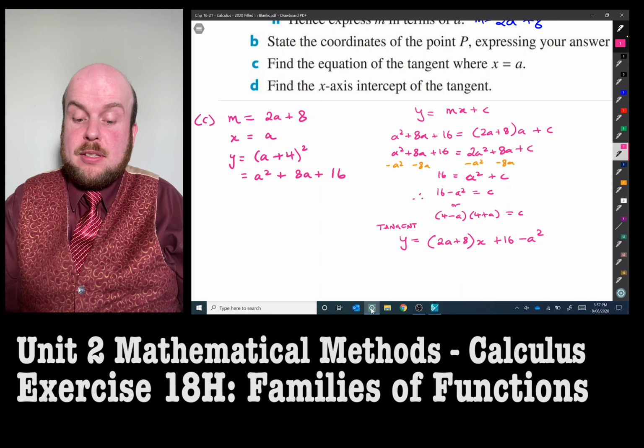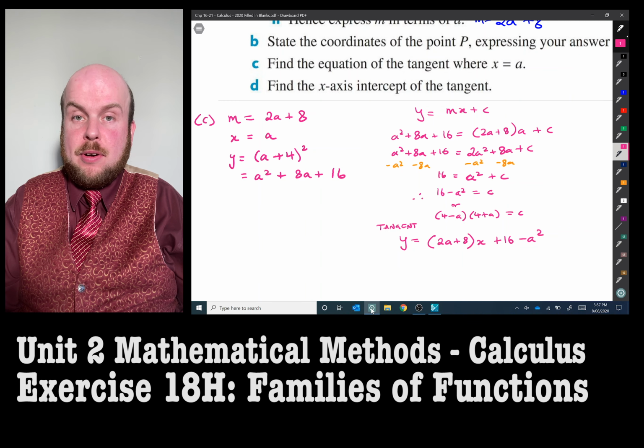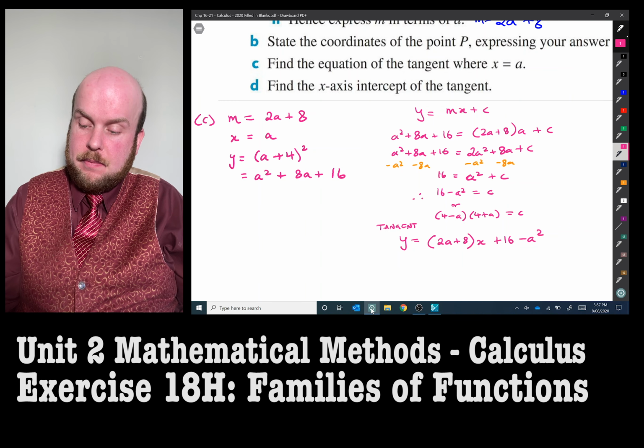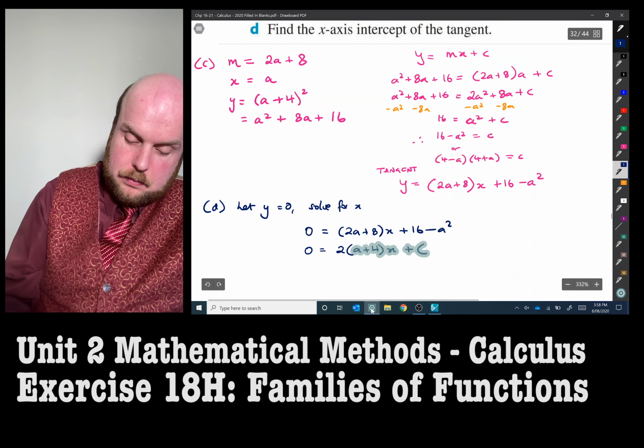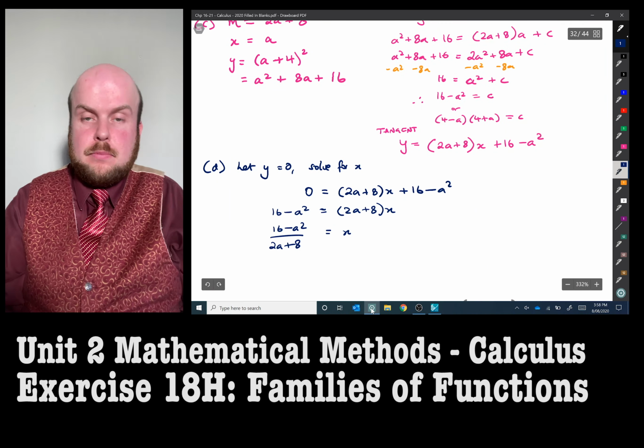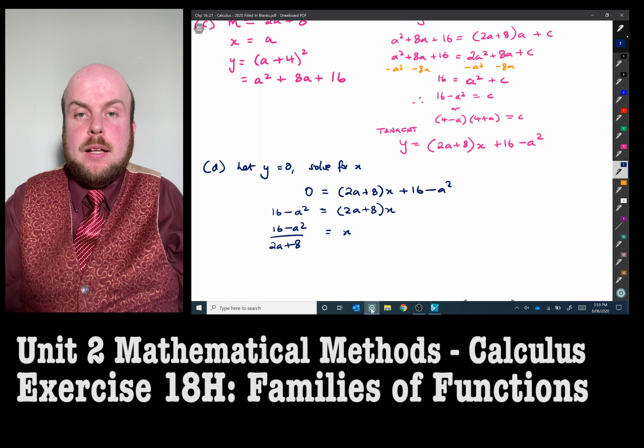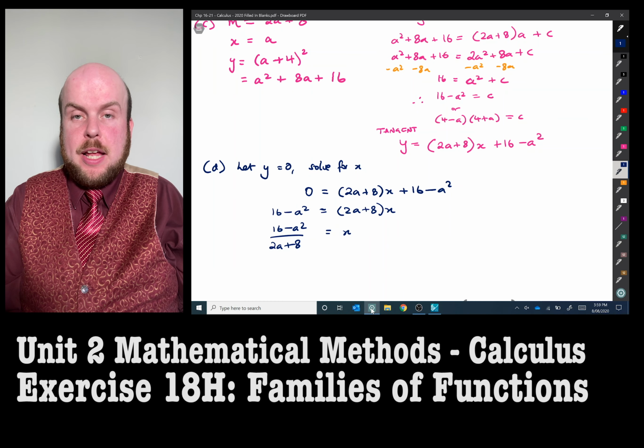For D, we need to find the x-intercept of this tangent, so we'll need to make y equal to 0 and solve for x. So I've now solved for x.